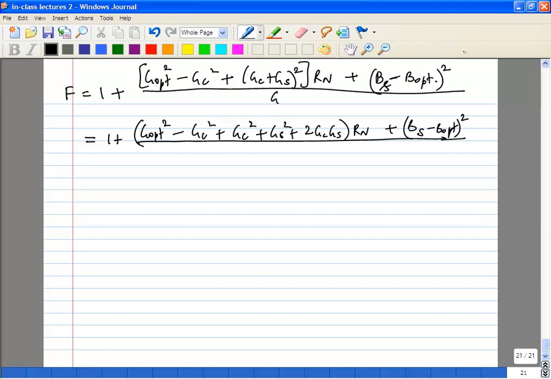Oh sorry, forgot the GS here. Okay. So these two guys cancel each other out. Okay, and then what we'll do is we'll add and subtract, because we have gs squared g opt squared, we'll add and subtract 2 gs g opt, okay, to bring it to the form which we want, which is 1 plus.